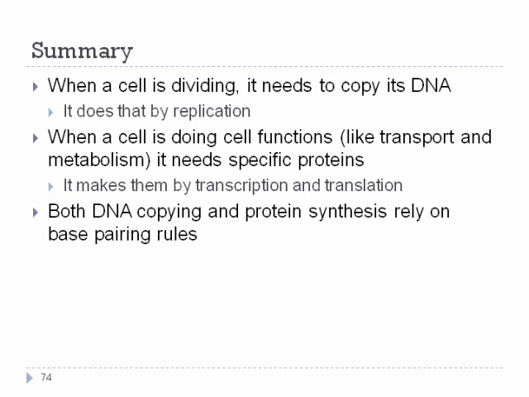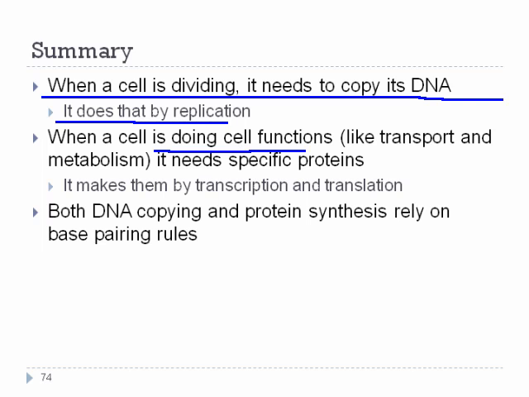So this is a summary that kind of ties together both Chapter 6 and Chapter 7. When a cell is dividing, it needs to copy its DNA so that it has enough DNA to make 2 daughter cells. And it does that by replication. When a cell is doing different cell functions, it needs proteins, and it makes them by transcription and translation.